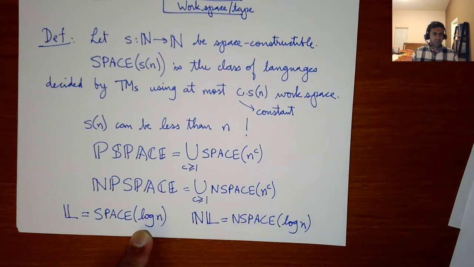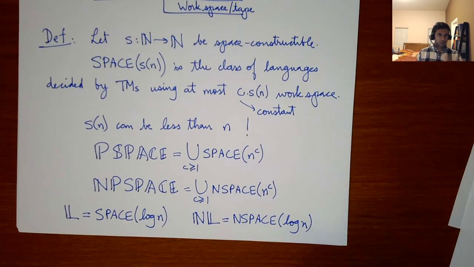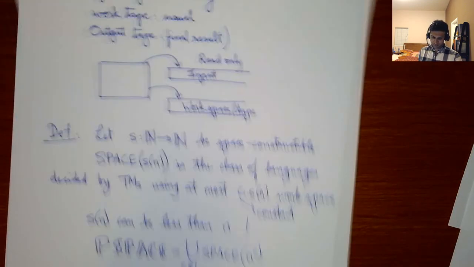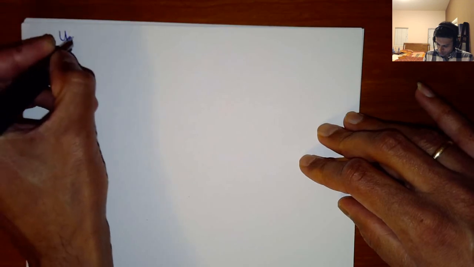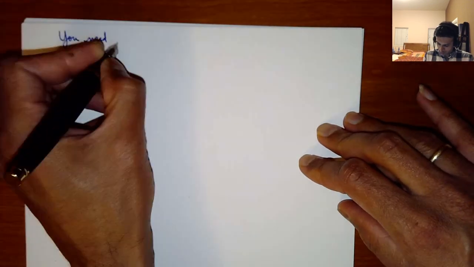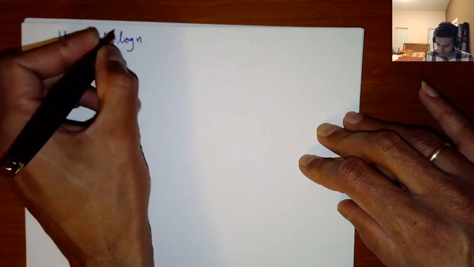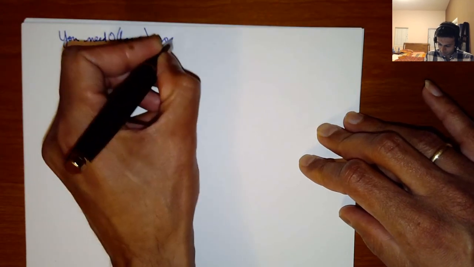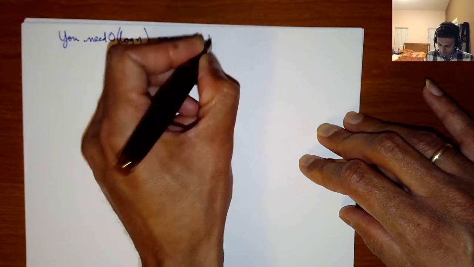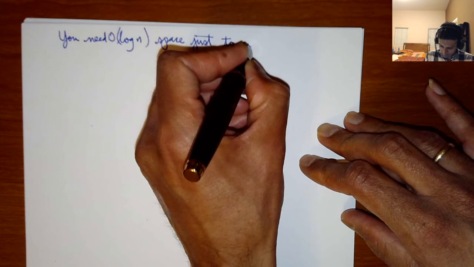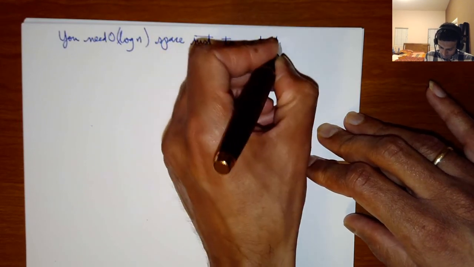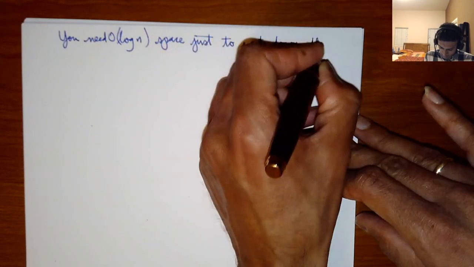Now you might say, why is the space log n? Why isn't it less than log n? And there's a very good reason for it. You need O of log n space just to write down the input length.